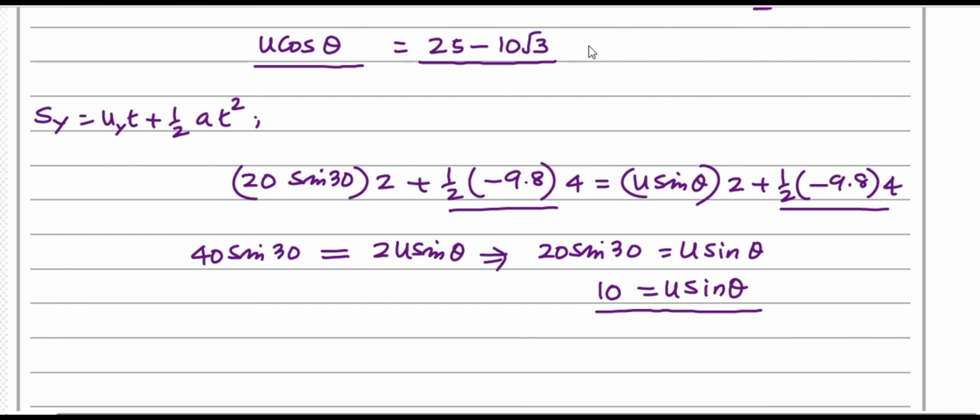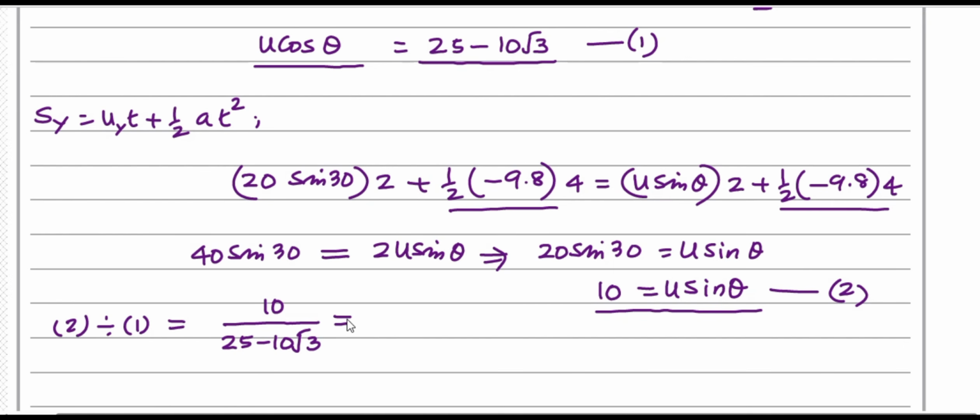Therefore, we have two equations, one containing cos theta and the other containing sine theta. So let's try making it as tan. Dividing equation 2 by equation 1, we get 10 over 25 minus 10 root 3 equal to u sine theta over u cos theta, which is tan theta.